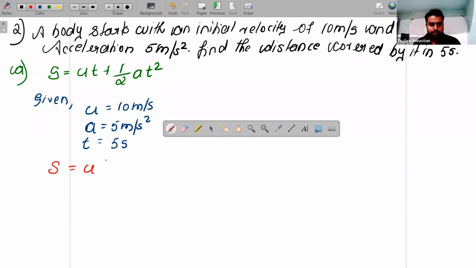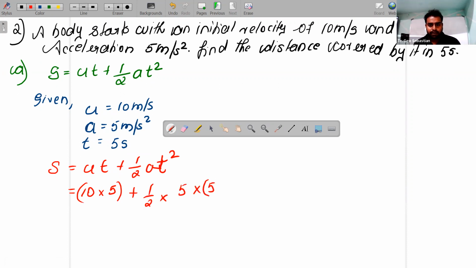So s is equal to ut plus half at square. So u is equal to 10 into time, which is nothing but 5, plus half into a, which is nothing but 5, into time square, that means 5 square. How much will you get? 50 plus 25 into 5 into half, right?